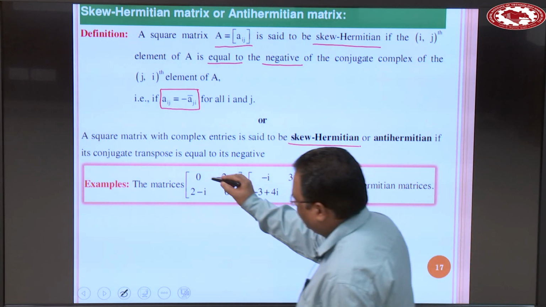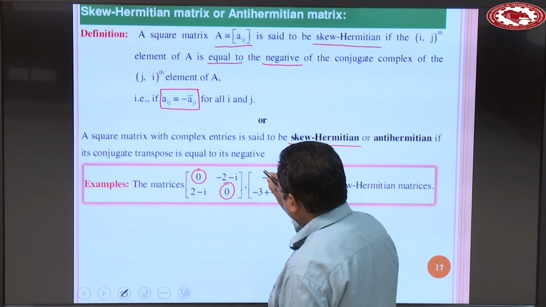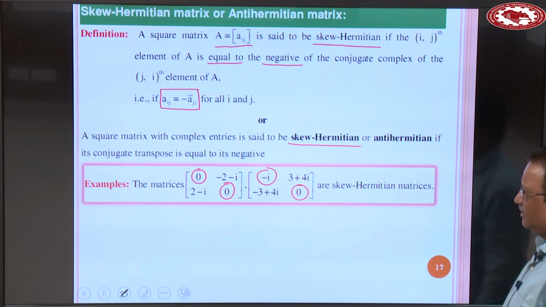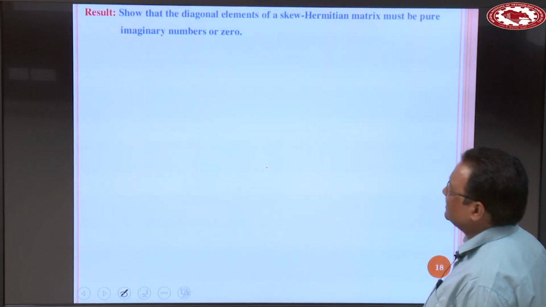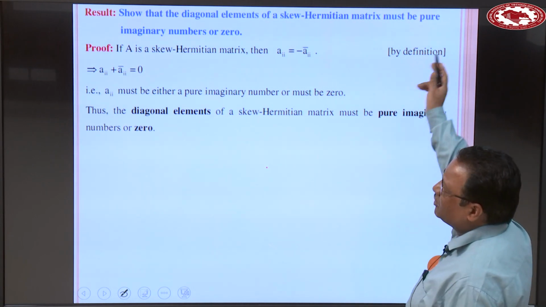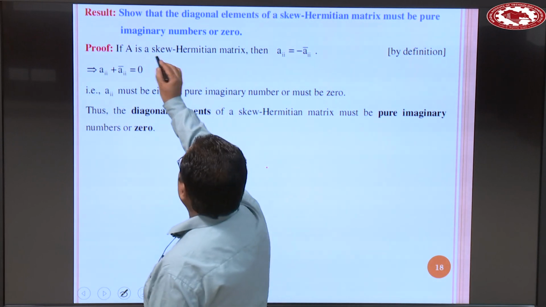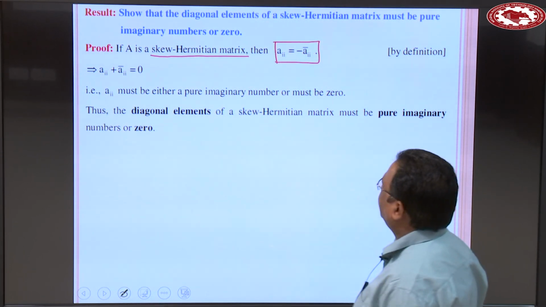If you observe, the diagonal elements are either 0 or purely imaginary numbers. Why? Show that the diagonal elements of a skew Hermitian matrix must be pure imaginary numbers or 0. So, if A is a skew Hermitian matrix, this means by definition Aii is equal to minus Aii bar.